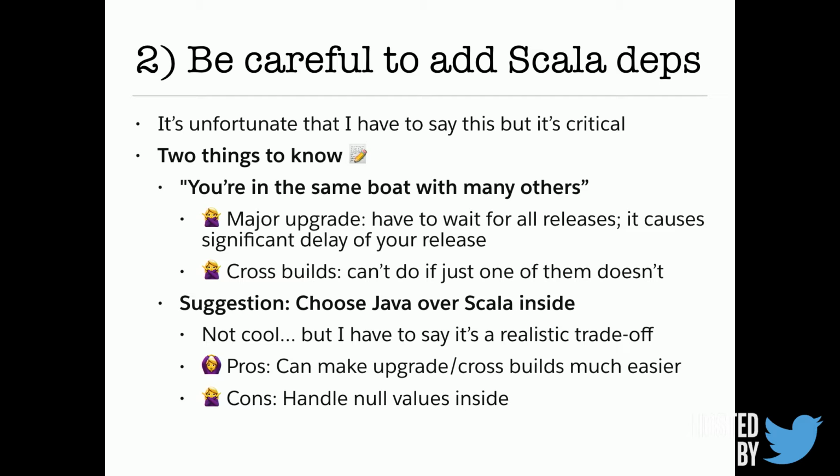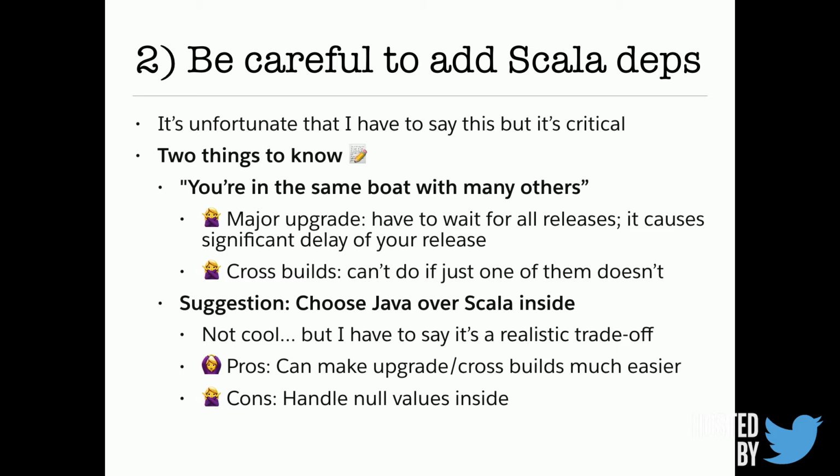So Scala major upgrades and also cross-building can be pretty difficult. For example, if you have so many Scala dependencies, and a new Scala major version has been released, in that case, you have to wait for all the dependencies' new version releases before you release your own. So it causes a significant delay for your deployment, and also that will be very stressful and very inconvenient for your users.